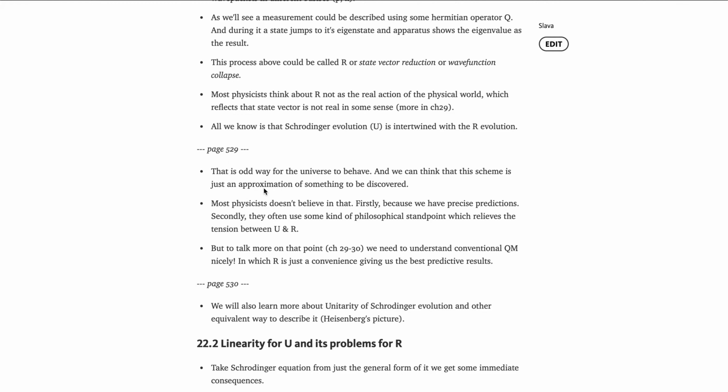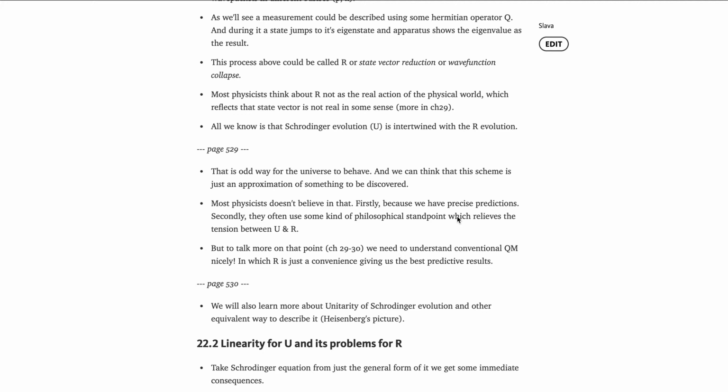That is an odd way for the universe to behave, and we can think this scheme is just an approximation of something to be discovered, but nowadays most physicists don't believe that, firstly because we have precise predictions of the current theory, and secondly because they often use a philosophical standpoint which relieves the tension between those two.